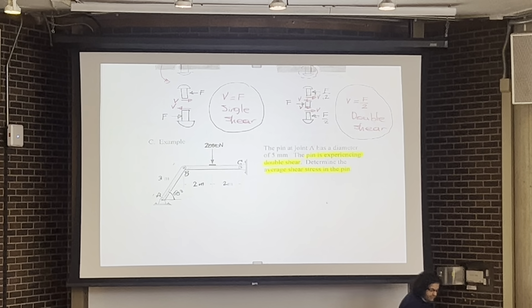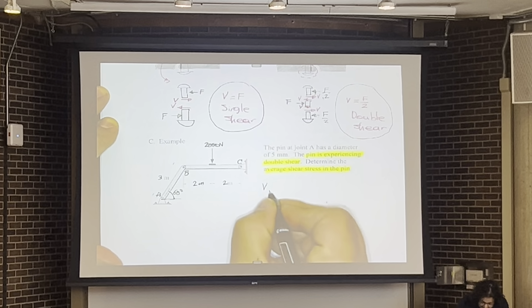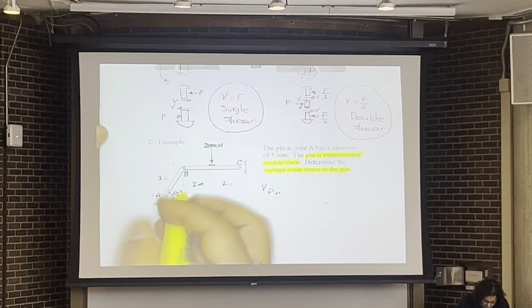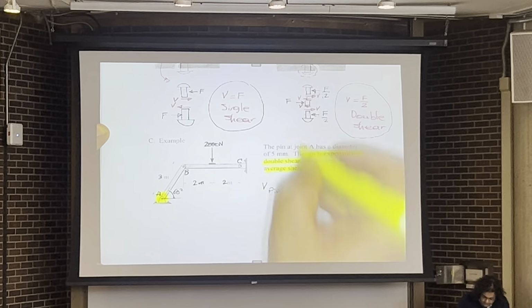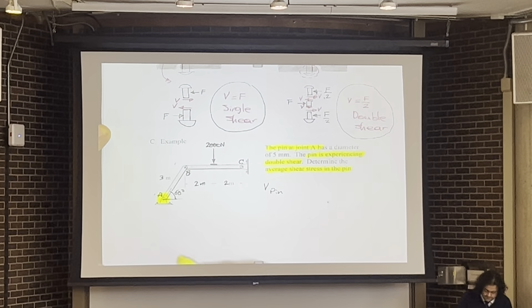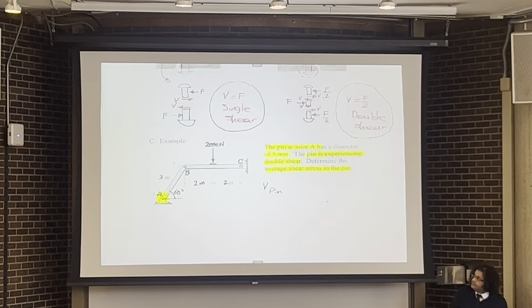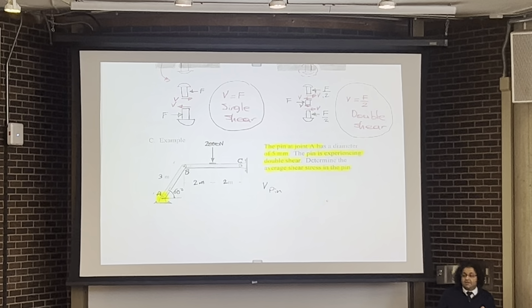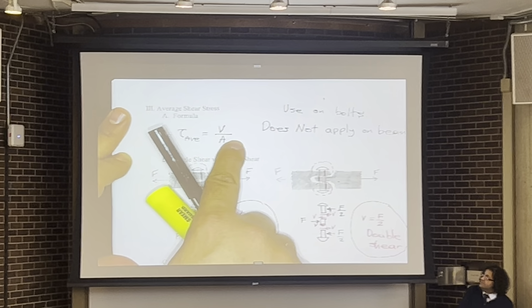So I'm going to say that the shear force inside the pin A, or the shear force in this pin over here, we are trying to calculate the shear force here. And the diameter of this pin is given to us. So first we would like to calculate the shear force in that pin, and then calculate its area, and then divide the shear force by the area, because I mentioned that we can use this equation for pins.